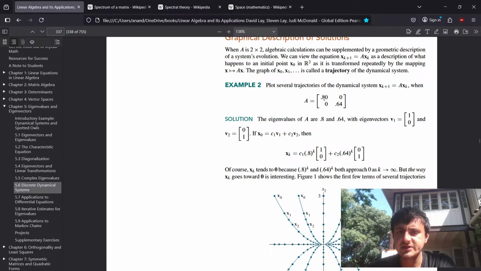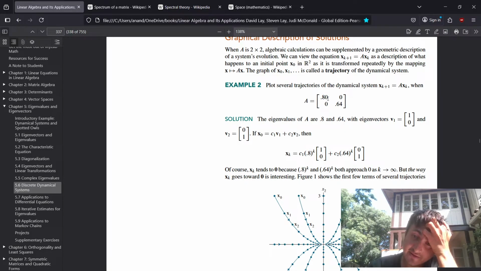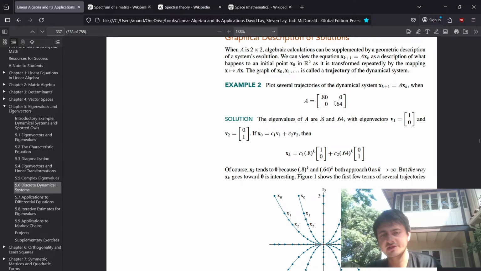So let's just think about this. Clearly, we have two eigenvalues that are independent. So it's going to be 0.8 or minus 0.8. No, 0.8 and 0.64 are the eigenvalues. And so they're both positive. See, that's actually interesting.